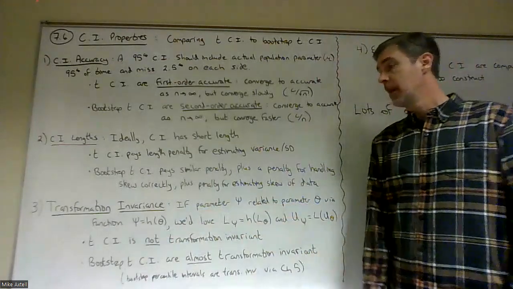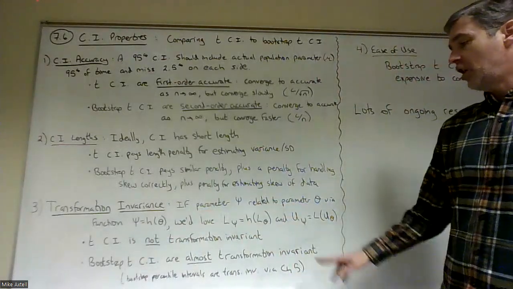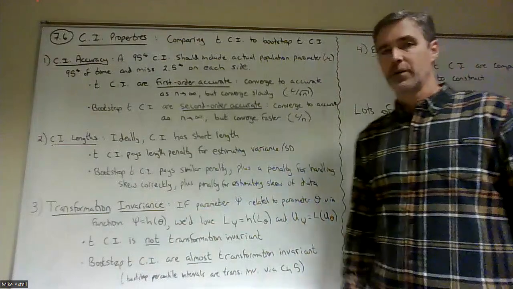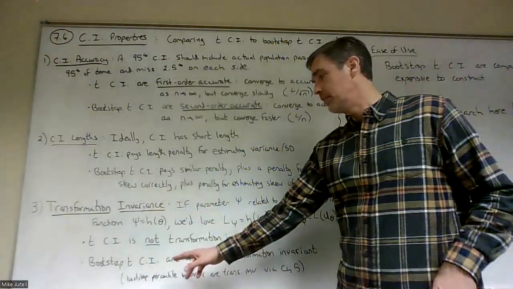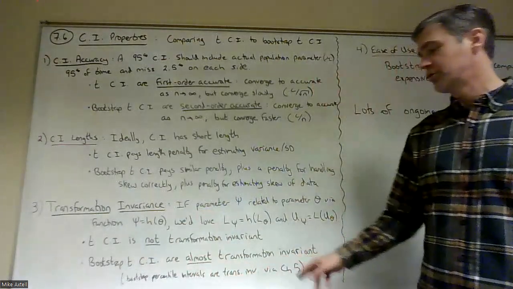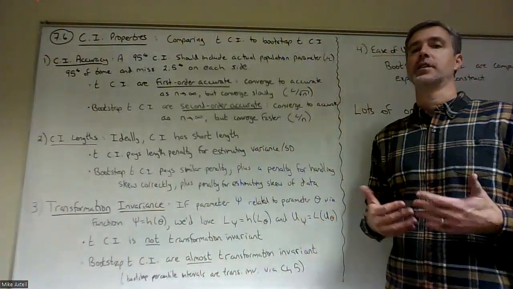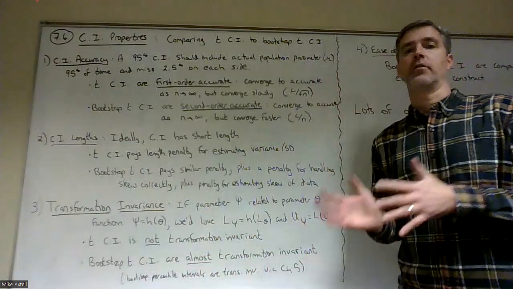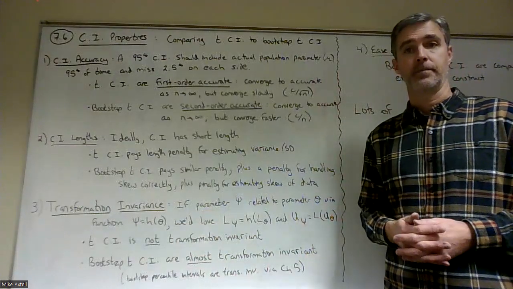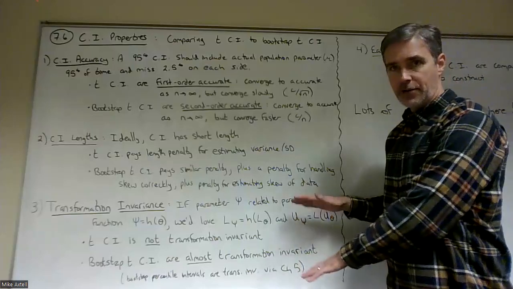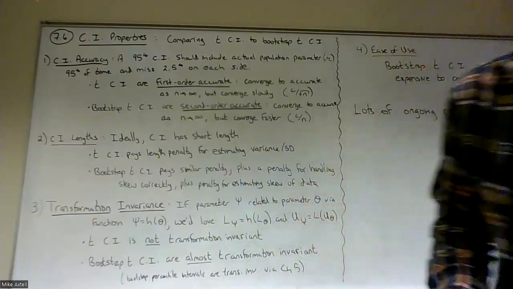No, not happening. The bootstrap t confidence interval is almost transformation invariant, and we sort of have seen some hints about that. Like in chapter 5, the bootstrap percentile intervals were transformation invariant. So we saw hints that the bootstrap behaves well under a function mapping into another parameter description. Okay, not too important to focus on.